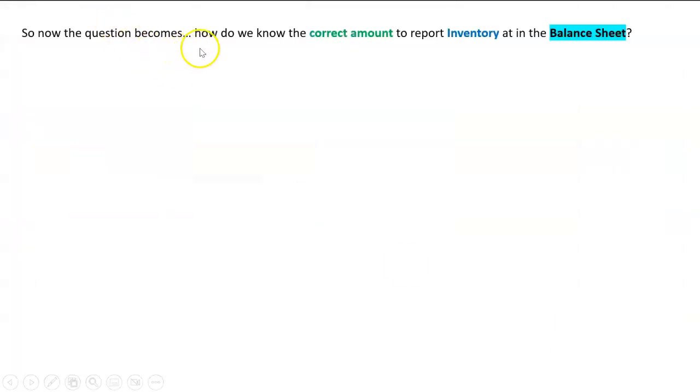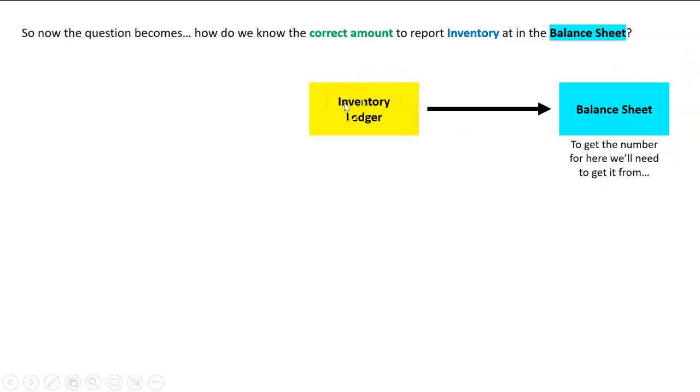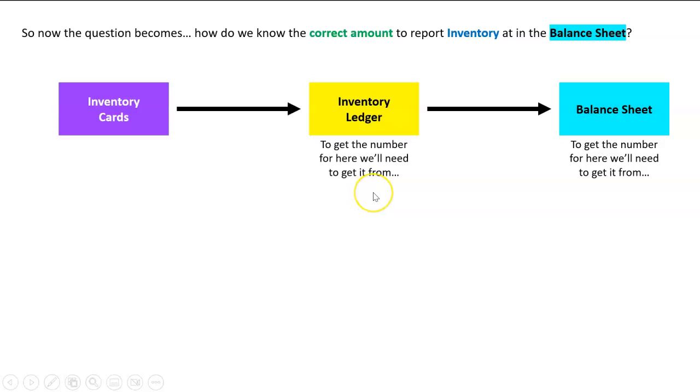So now the question becomes, how do we know the correct amount to put under inventory in the balance sheet? Where does that amount come from? We're cutting a few steps there, but that number will actually come from the inventory ledger. We've been doing ledgers for a while now. So to get the number for the balance sheet, we'll need to get it from the inventory ledger. But then, where does that number come from?